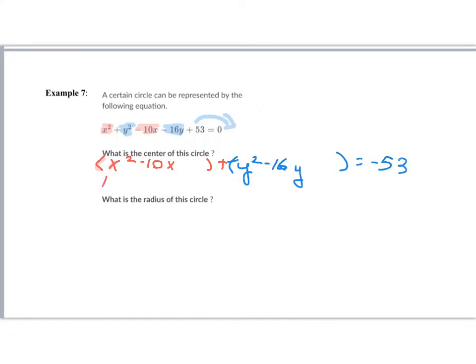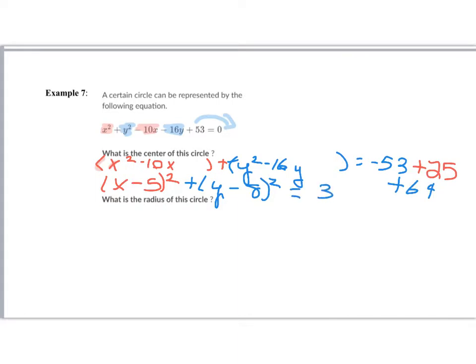So now for x, half of -10 is -5 squared, and -5 squared is plus 25. And then here, y, half of -16 is -8, and -8 squared is 64. So your total is going to be 36.